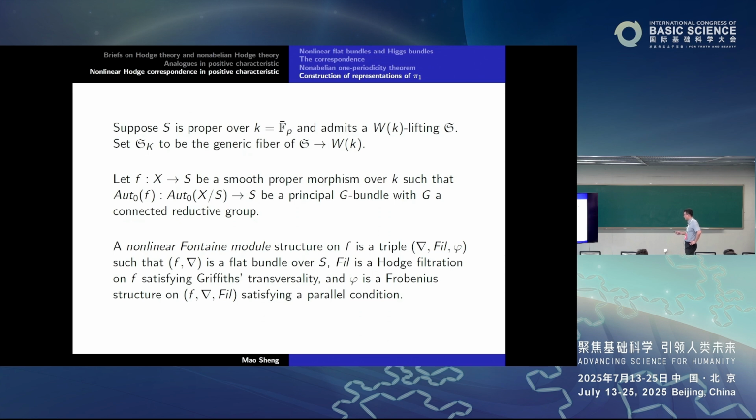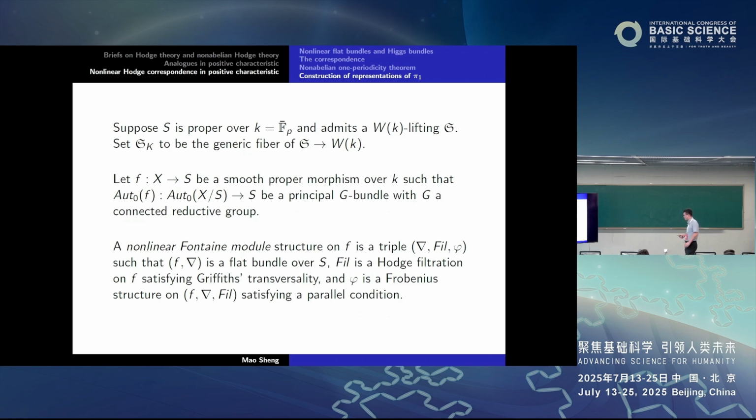Then here I really make a very condensed definition, the so-called nonlinear Fontaine module. But roughly speaking, a nonlinear Fontaine module is actually a quadruple, but now, on F, you have a connection, as I defined above, and you have a Hodge filtration on F, satisfying Griffiths transversality, and phi is a Frobenius structure.